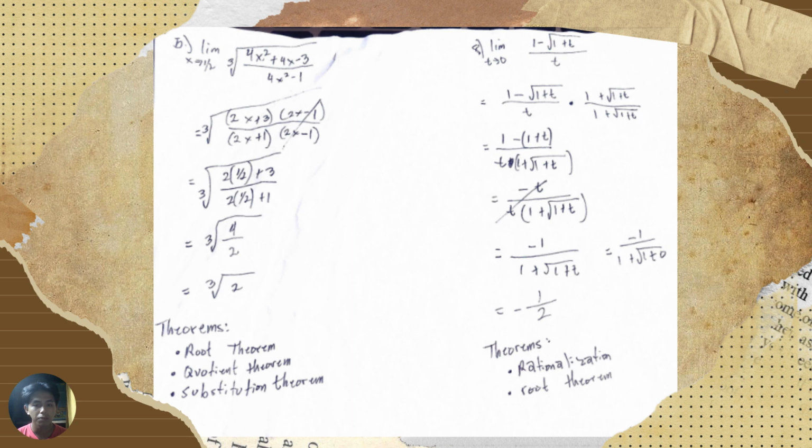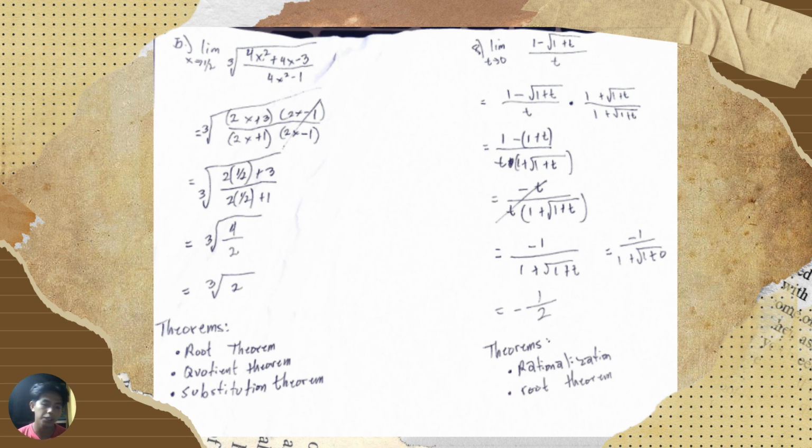negative 1 times 1 plus t, and then cancel out the 1 so that it becomes negative t over t times 1 plus the square root of 1 plus t.